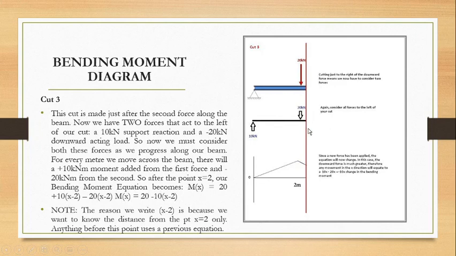The distance is x minus 2, minus the 20 kilonewton force into distance, again x minus 2. By solving this equation we get 20 minus 10 into x minus 2. The reason we write x minus 2 is because we want to know the distance from the point x equal to 2 only. Anything before this point we are going to use the previous equation.